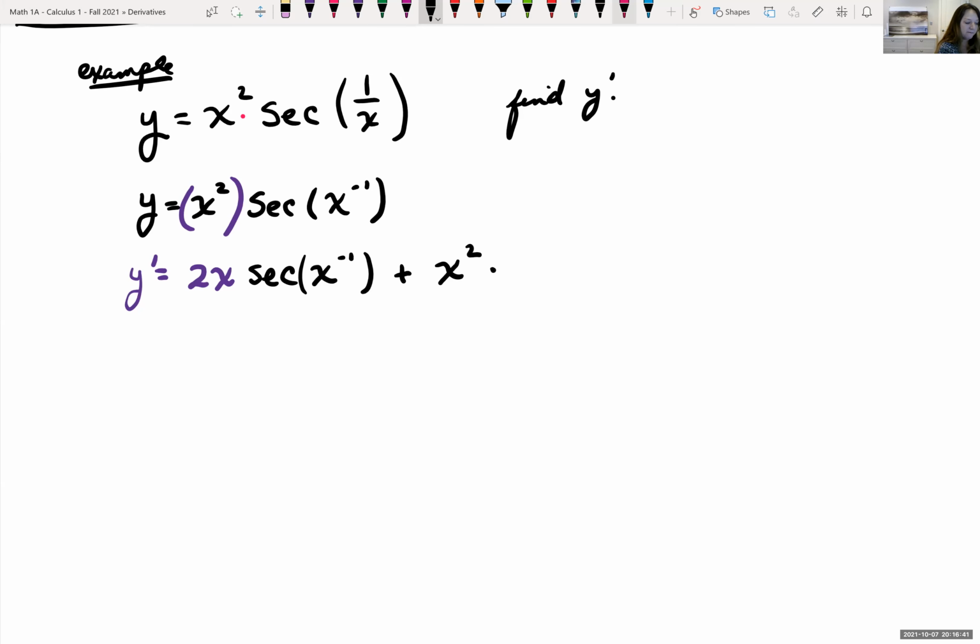So my outer function is secant. So I need to remember what the derivative of secant is. Well, that one didn't start with co, so we know it's positive. And secant, that one is secant tan. So it's secant of the original inside function, which is x to the -1.